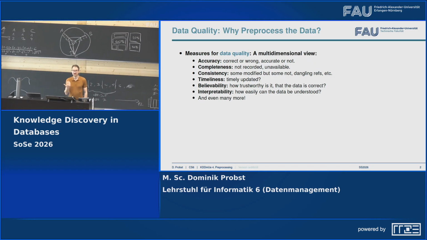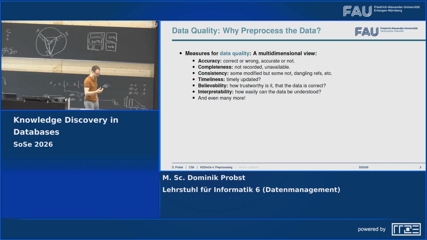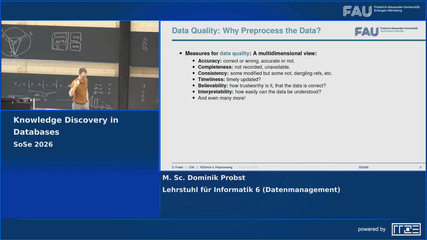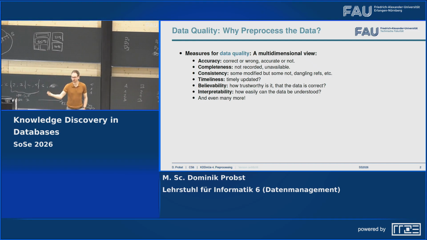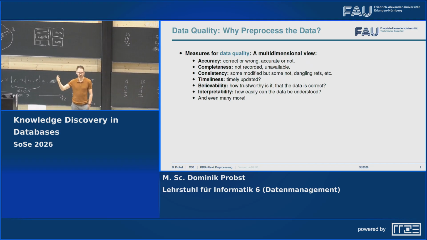We need timely data, data that is updated, so it's as close to the present as possible. If we are doing analysis on temperature development and we only have temperature measurements from before the 2000s, then we can't really derive something for these days.